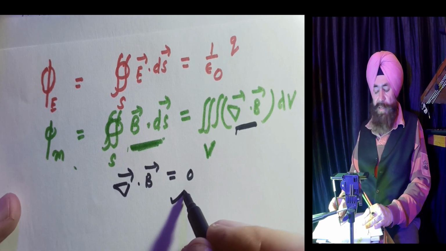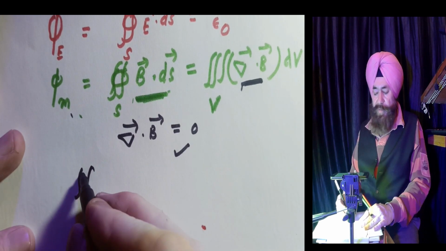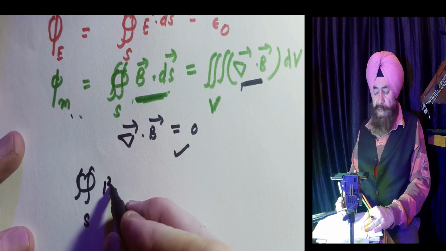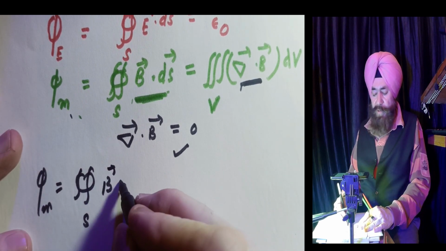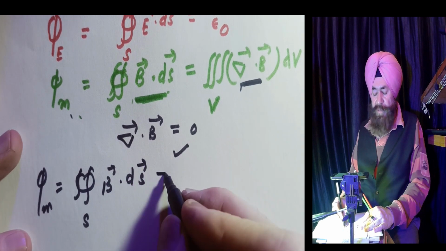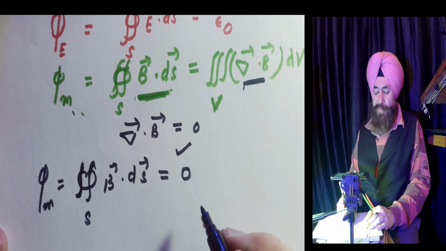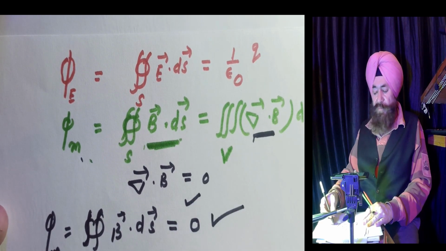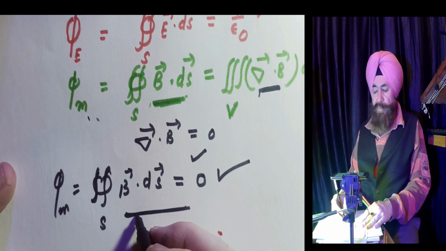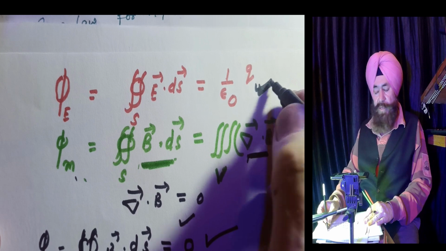What does it imply? It implies the magnetic flux through any closed surface is always 0. So again, this is a difference between magnetostatics and electrostatics, remember.